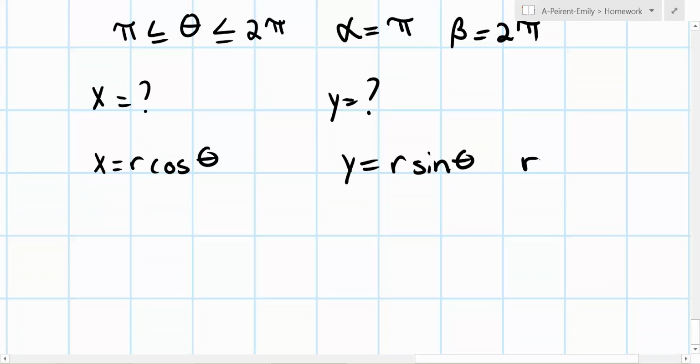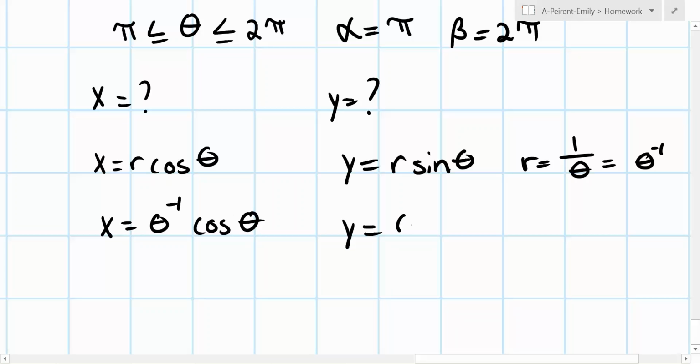We already know that r equals 1 over theta, which I like to write as theta to the negative 1, because I think it makes what we're about to do next a little easier. So you have x equals theta to the negative 1 cosine theta, and y equals theta to the negative 1 sine theta.